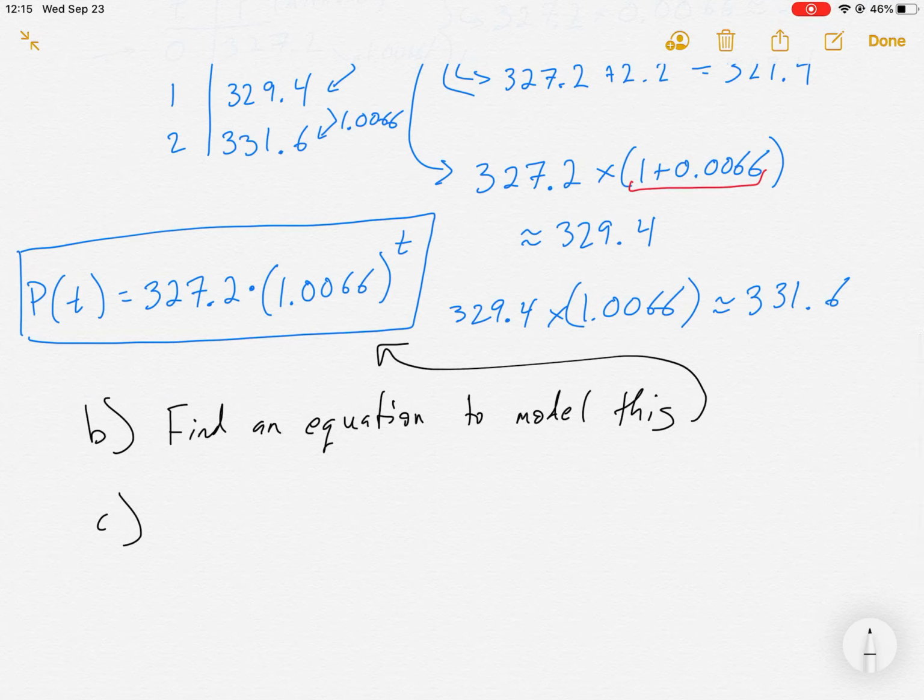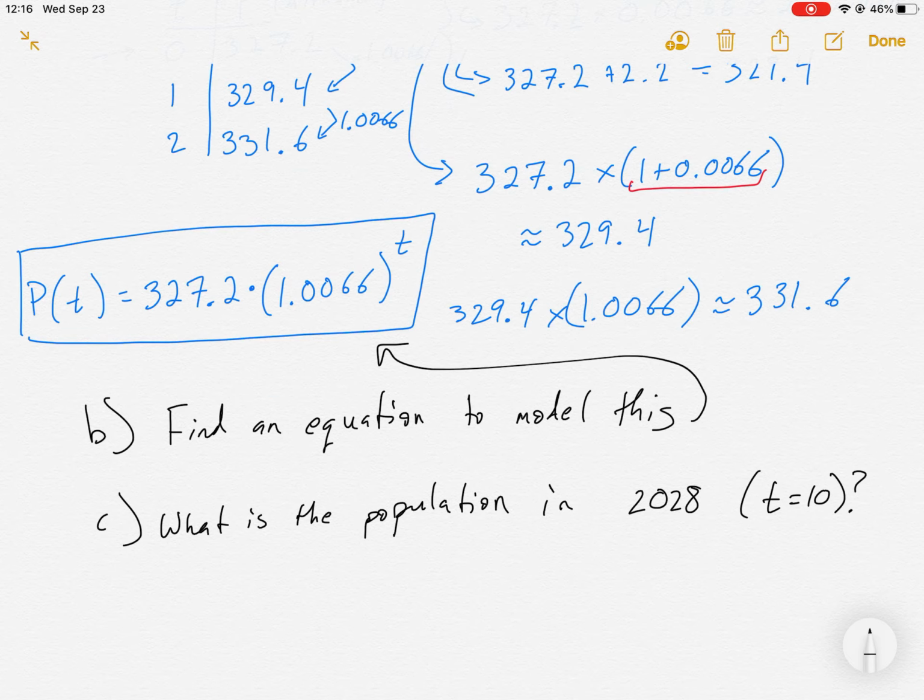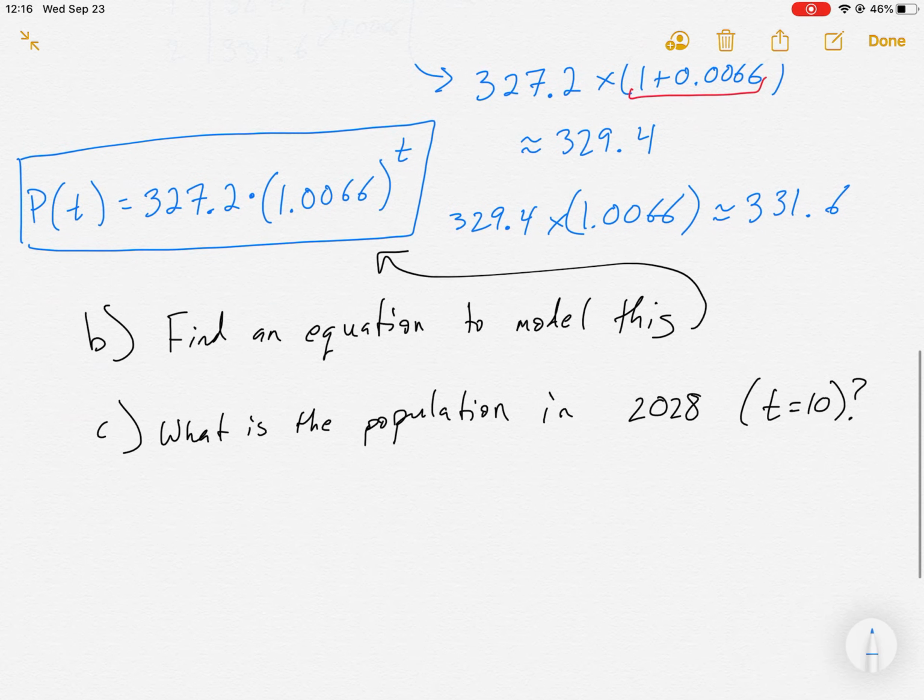Finally, you'll oftentimes see something along the lines of, what is the population, assuming that this growth rate holds, let's say in 2028. So this would be t equals 10. And now it's just a matter of plugging into your function.